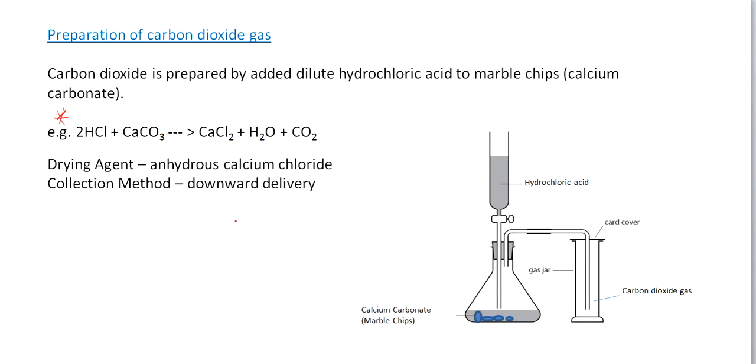And if we wanted to get a dry sample of carbon dioxide, we use anhydrous calcium chloride as a drying agent. So we've looked at preparation of oxygen gas, ammonia gas, and carbon dioxide. So you need to remember the reagents. You also need to remember the drying agents and the method of collection of the gas.